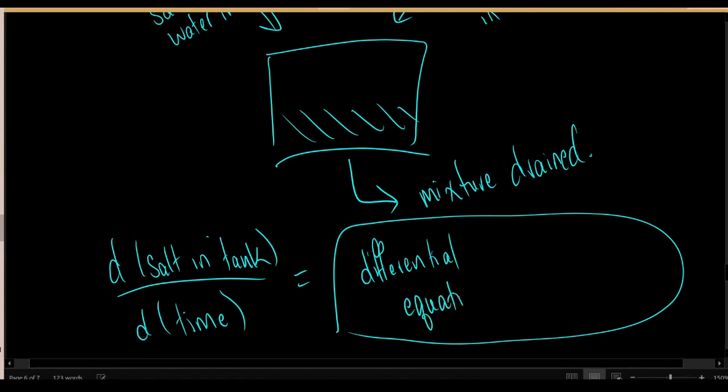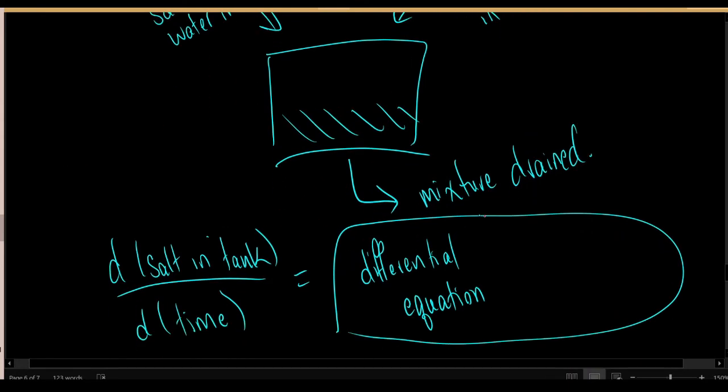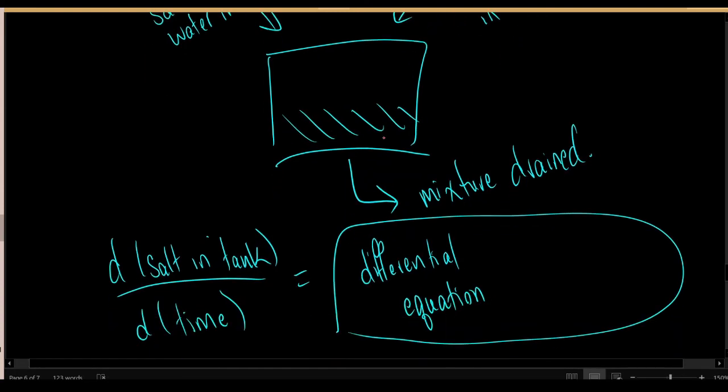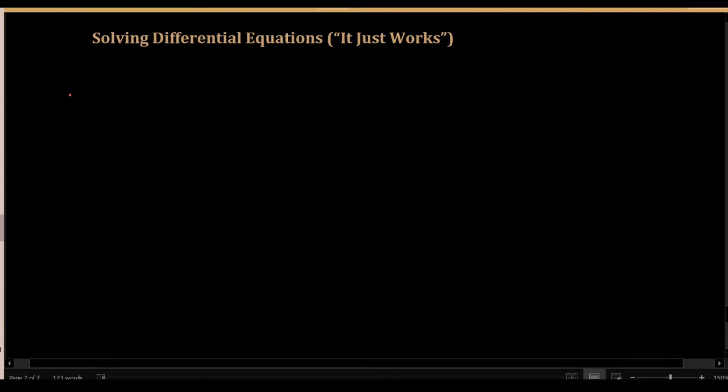And we're actually going to solve that differential equation to find out exactly how much salt is in the tank at any given time, depending on the concentration of salt water, depending on the rate of flow of these two solutions into the tank, and depending on the flow rate of the mixture out of the tank.